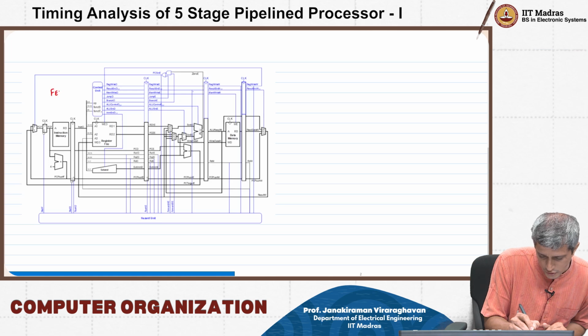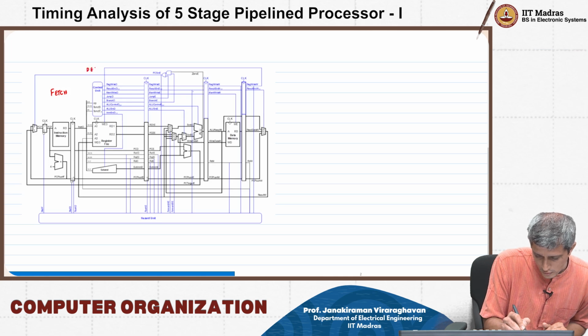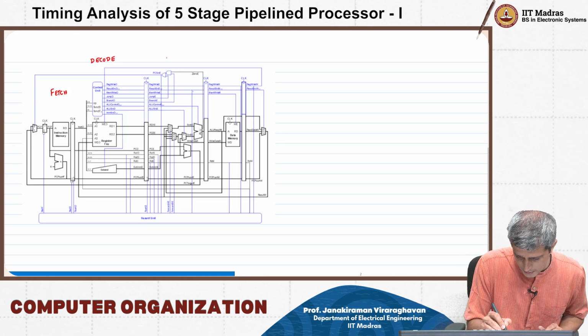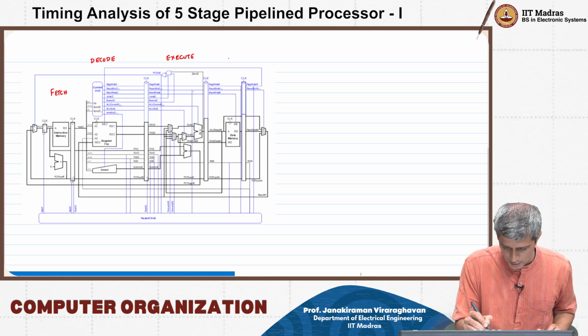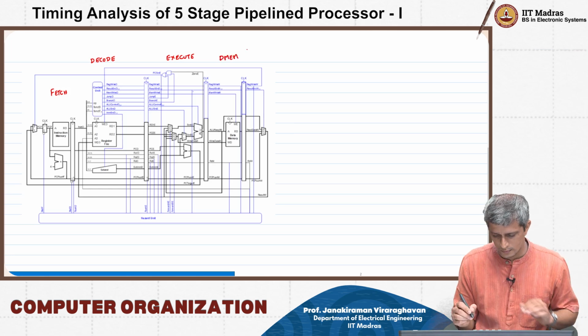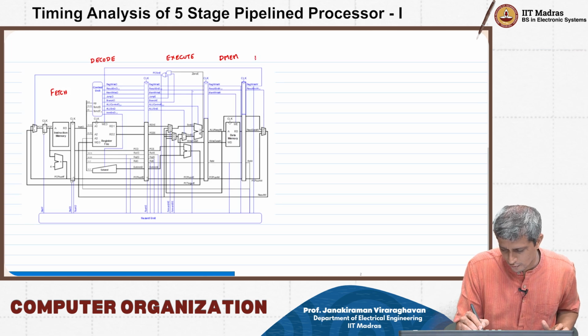So this is the fetch, and this is the decode, then this is my execute, then this is my DMEM, data memory, and finally we are back here for the register RF write back stage.